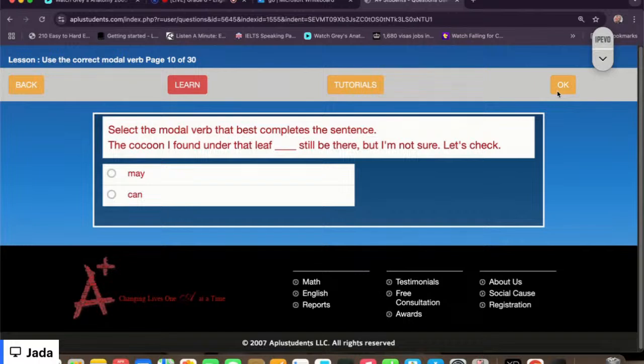The cocoon I found under that leaf dash still be there, but I'm not sure. Let's check. May or can?